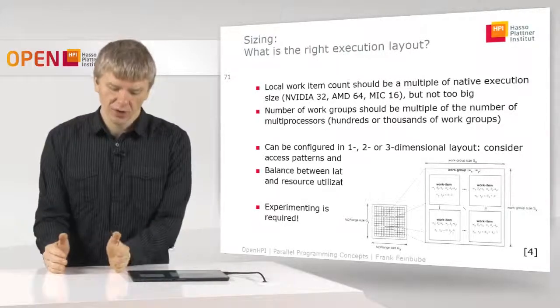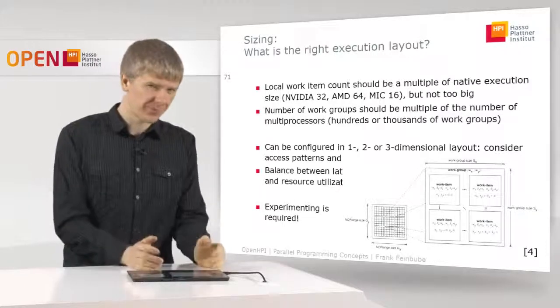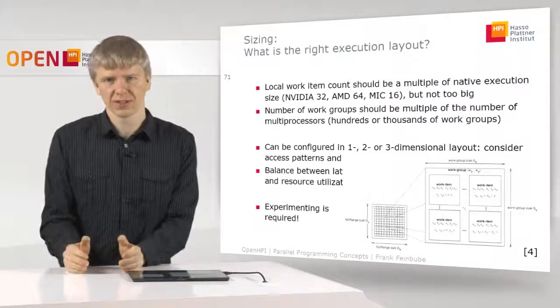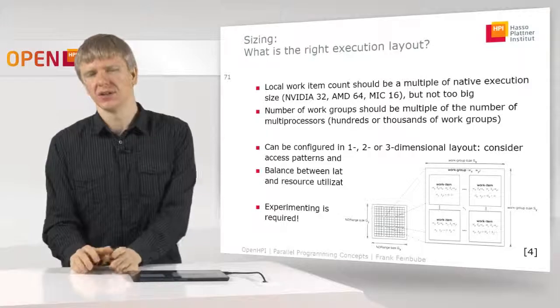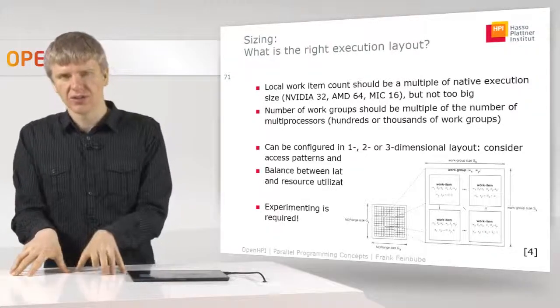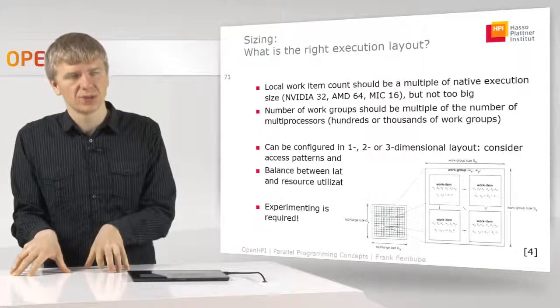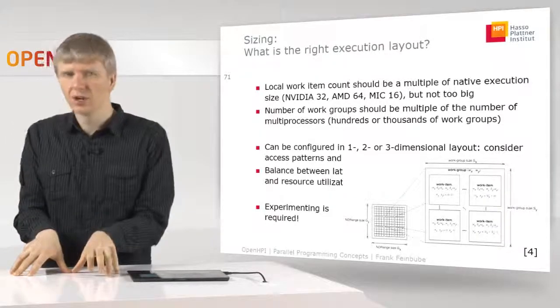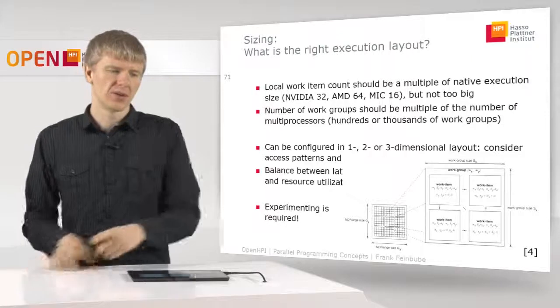And every time one of those workgroups is accessing memory, then the workgroup basically will be put away because it waits for the results, and then the multiprocessor would like to take another workgroup to do the next calculation.